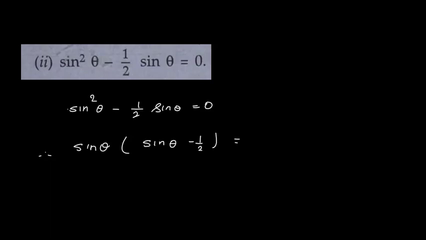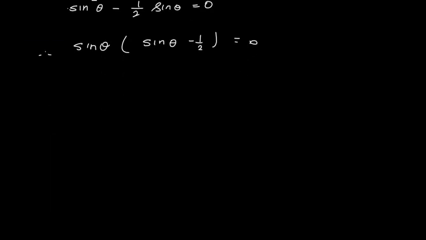Now the next question which we have is sin square theta minus 1 by 2 sin theta equals 0. So here you can take sin theta common, and inside the bracket you have sin theta minus half equals 0. So that means we can say that sin theta is 0 or sin theta minus half is 0.